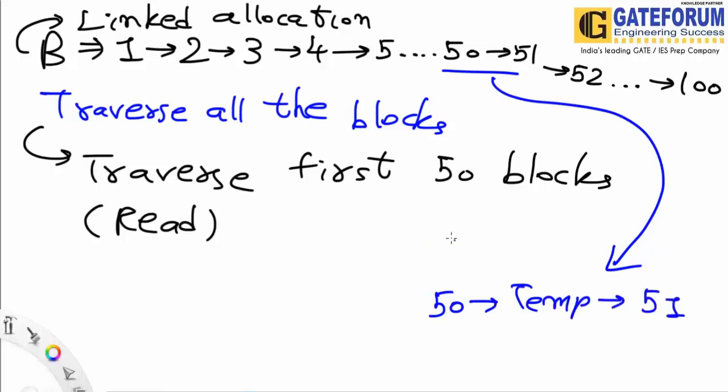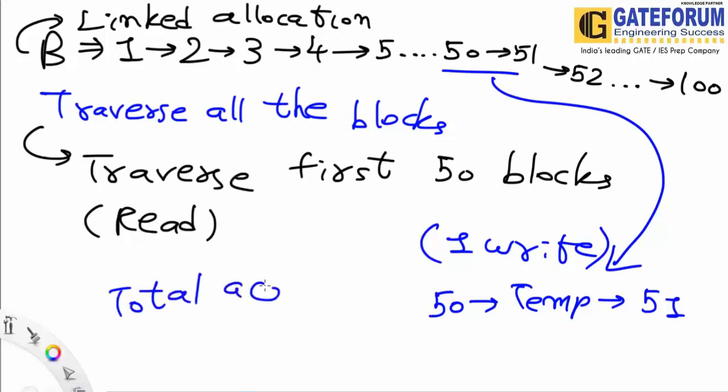So this will be one write operation. So total disk accesses, which is nothing but NB, would be 51. 50 would be for the read and 1 would be for the write.